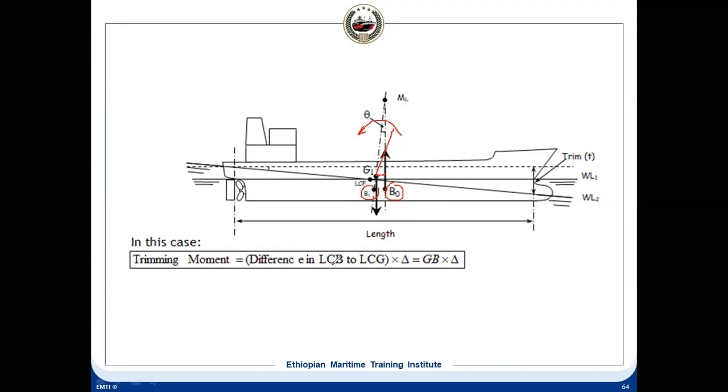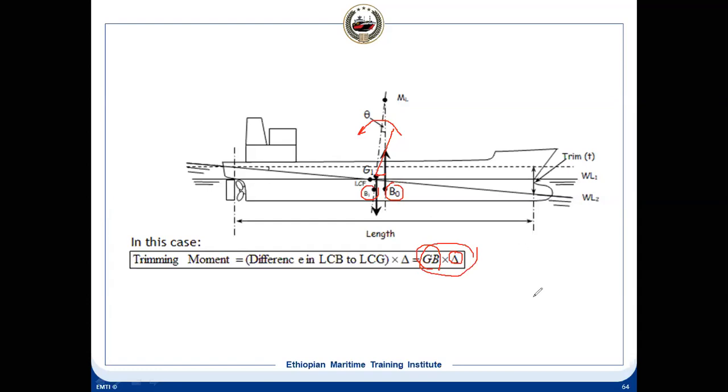So it will be the LCB and LCG distance, the GB distance multiplied by delta, is also a trimming moment. If GB is known to us, and displacement is known to us, we can find out the trimming moment. And once the trimming moment is known to us, divided by MCT 1 centimeter, we can find out the trim. So how much will be the trim? This is another way we can find out the trimming moment. And once we know the trimming moment, we can find out the trim if MCT 1 centimeter is known to us.